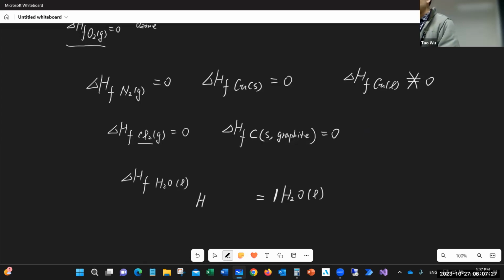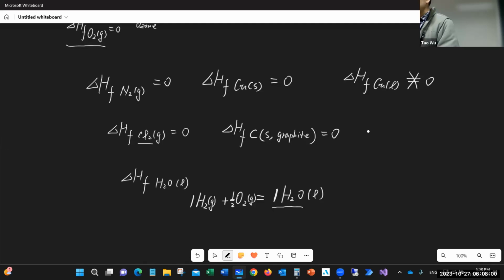Obviously, they come from hydrogen gas and oxygen gas. Then you can balance the equation. Since we're only going to make 1 mole of water, the equation will stick with 1 mole of water over here, so you're going to have a coefficient of 1 on hydrogen and 1/2 on the oxygen.